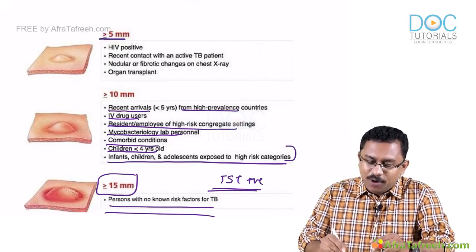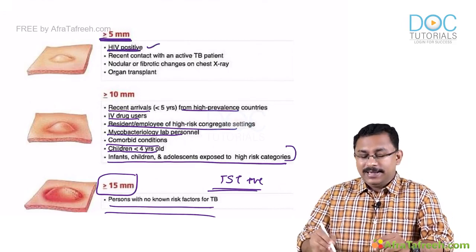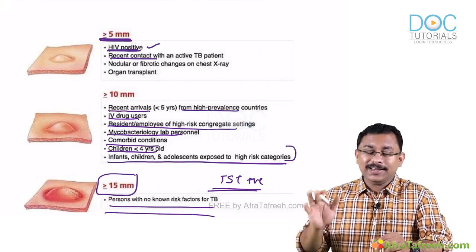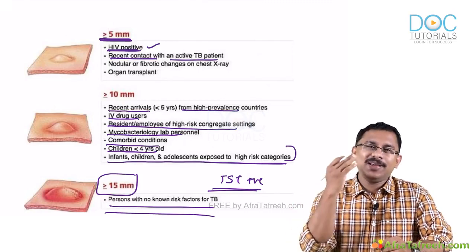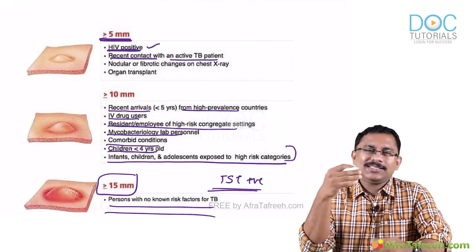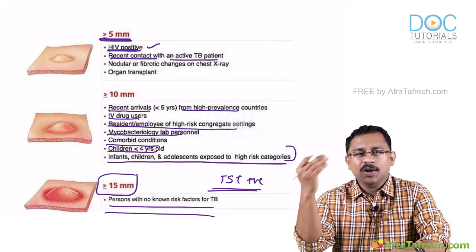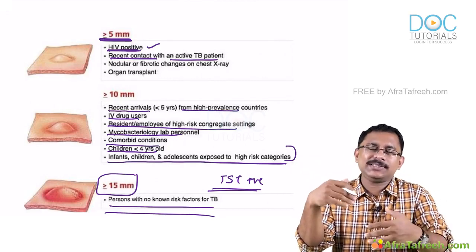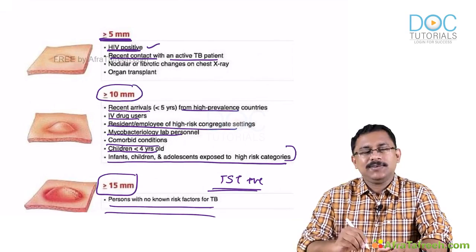So above 5 millimeter when it is HIV positive and a recent contact, okay, not just any contact, a recent contact with an active TB patient. If a person's father was a case of tuberculosis long back, and this person is now staying somewhere else, then about 10 millimeter is the positivity.